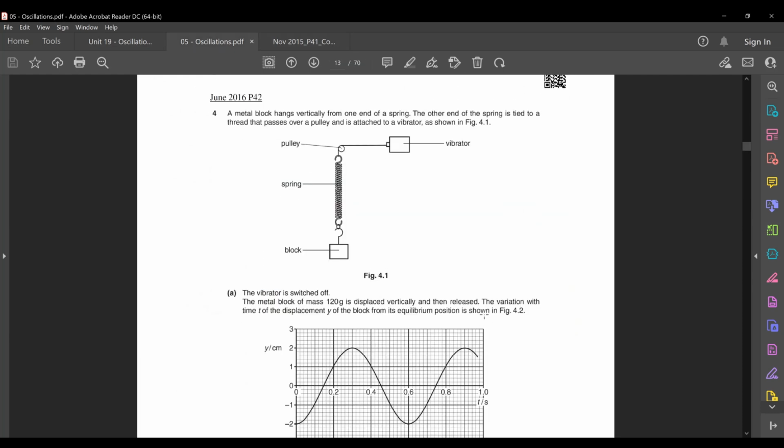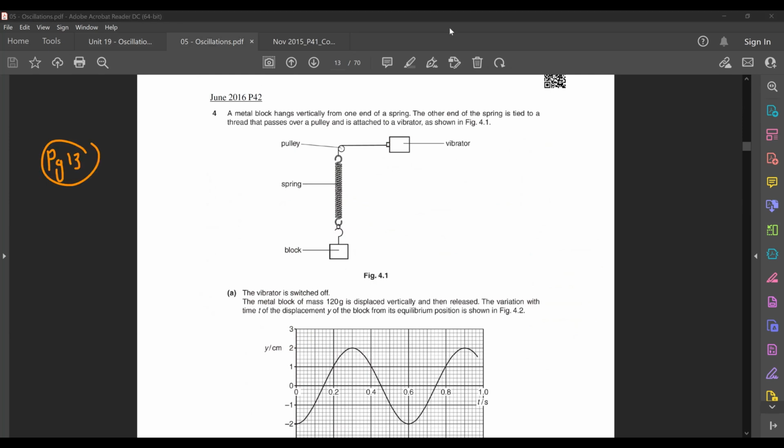Next one, have a look at page 13. So you have a metal block that hangs vertically from one end of the spring. The other end of the spring is tied to a thread that passes over a pulley and is attached to a vibrator. All right. So here you have metal block attached to a spring.